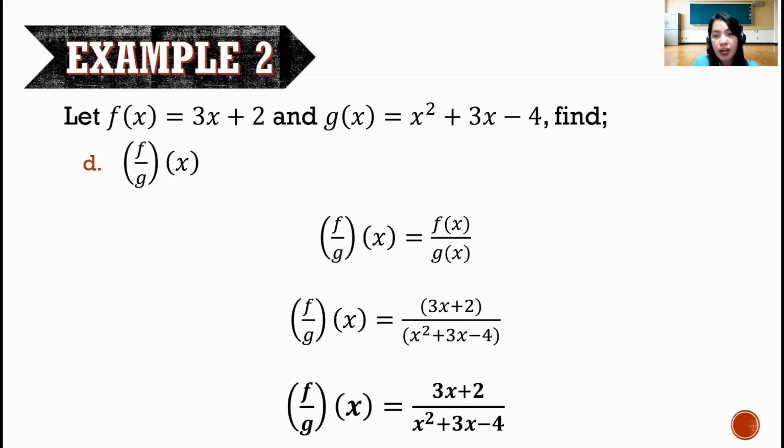In the next step, you have to drop down the parentheses. Since wala naman ng common factor sa dividend and sa divisor, so this will now our final answer. F over g of x, that is equal to 3x plus 2 all over x squared plus 3x minus 4.